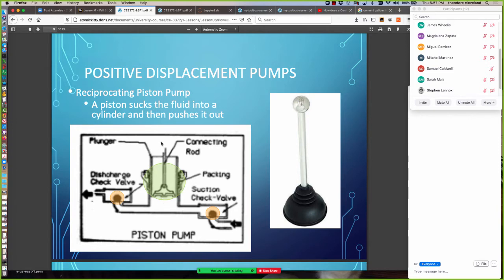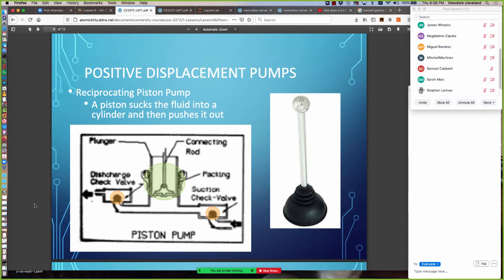When it gets to the top of the cycle, it changes direction and pushes down. When it pushes down, material tries to flow away from the cylinder. On the right side, that pushes the check valve down into its seat. It prevents backflow and raises the discharge check valve and lets the liquid go on its merry way.